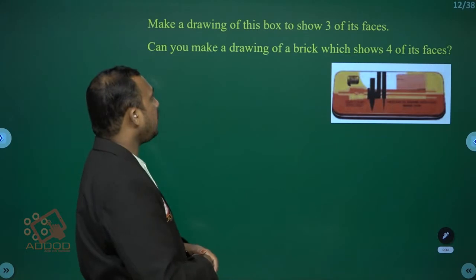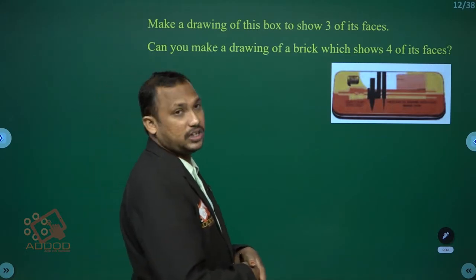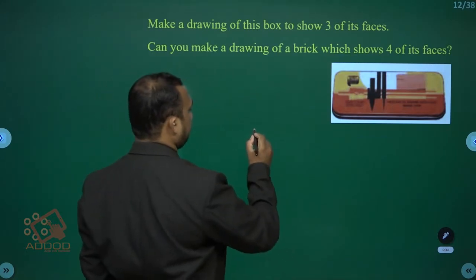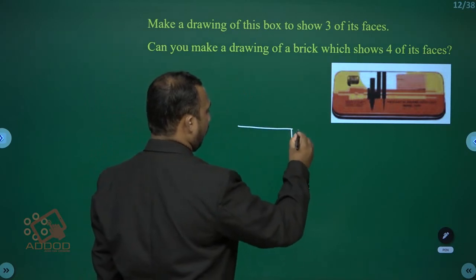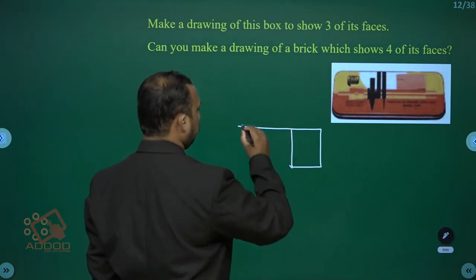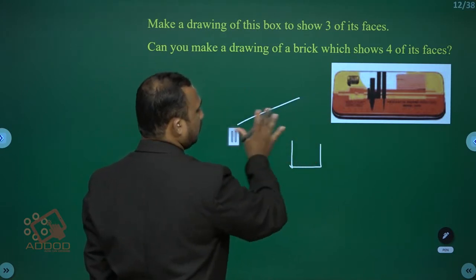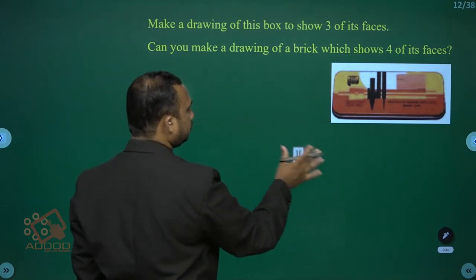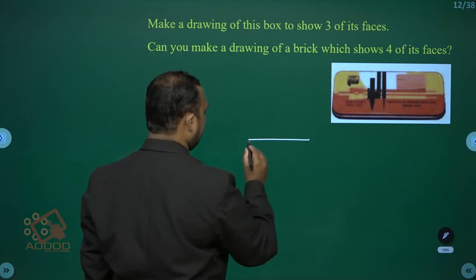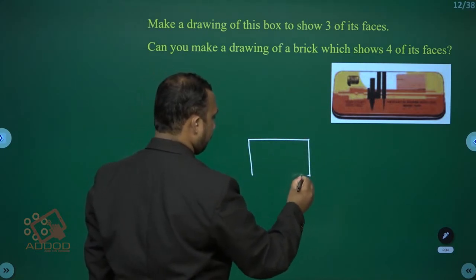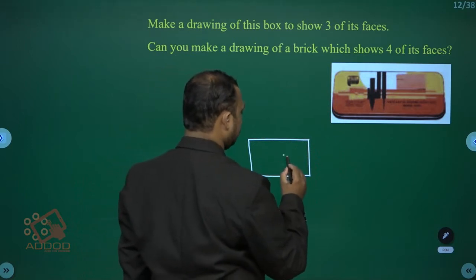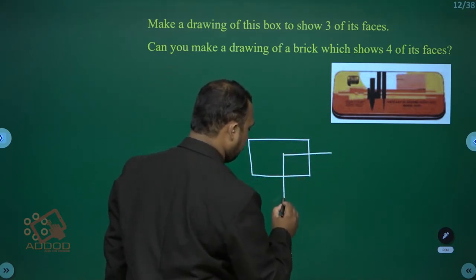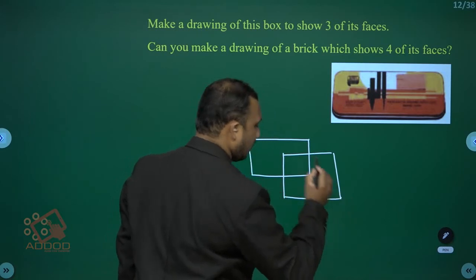Make a drawing of this box to show three faces. Three faces we have to show, and one more side.